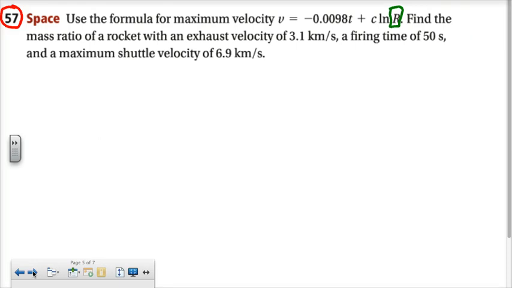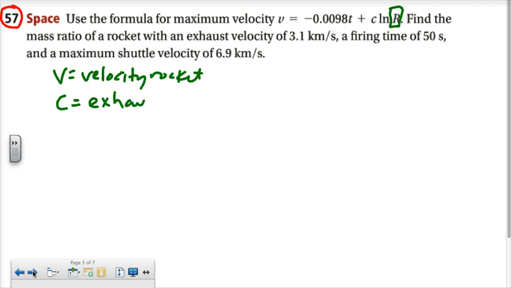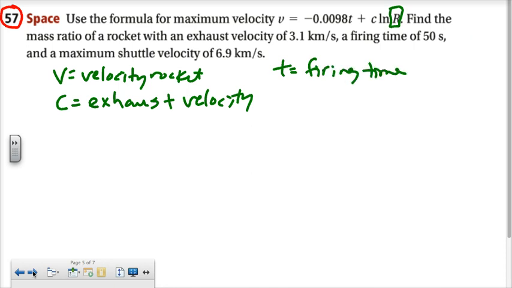So just a reminder here, v is the velocity of the rocket. c is the exhaust velocity. t is the firing time. And last but not least, r is the mass ratio, and that is what we're interested in getting. So let's see what we have here.